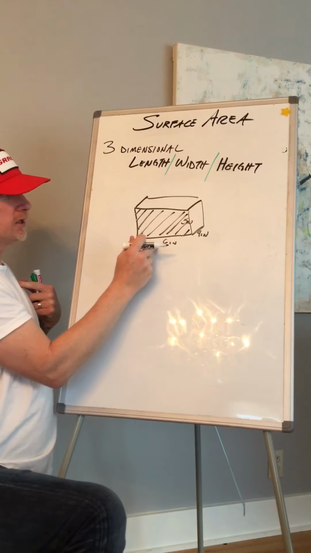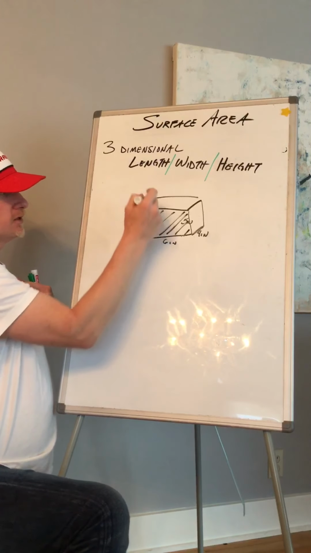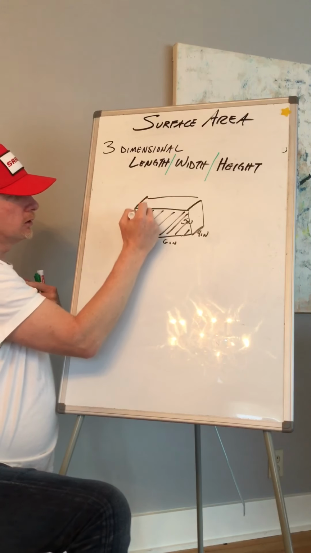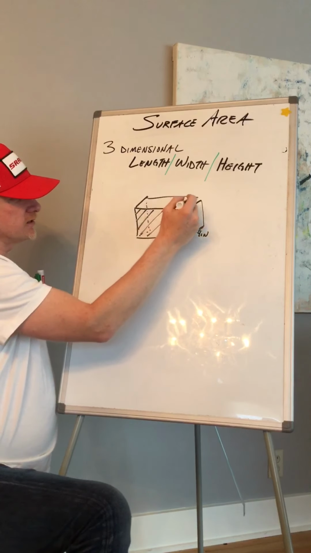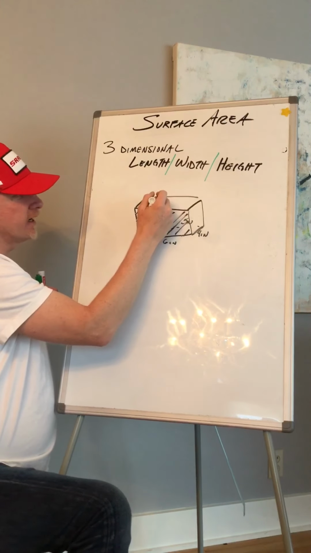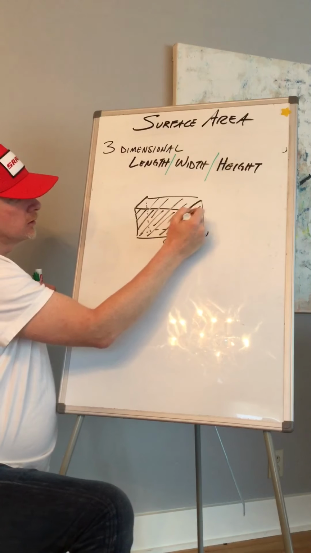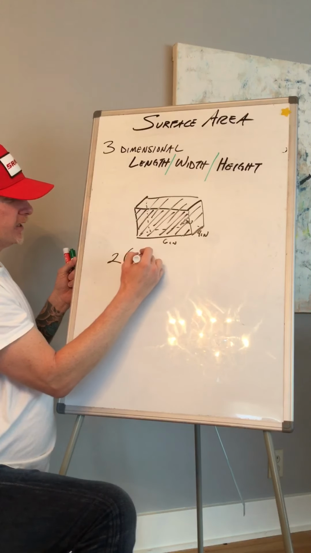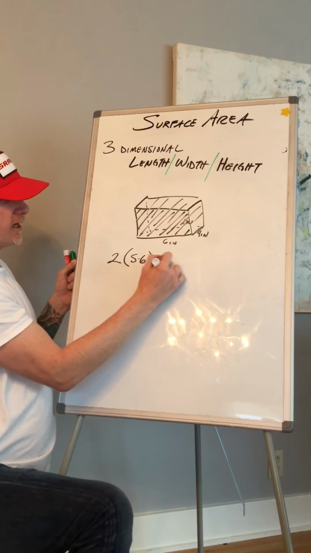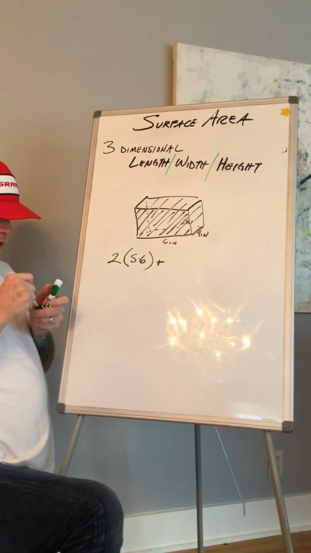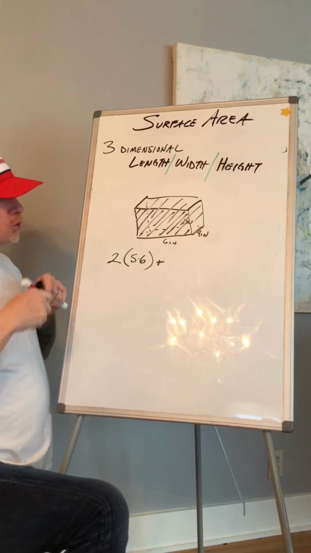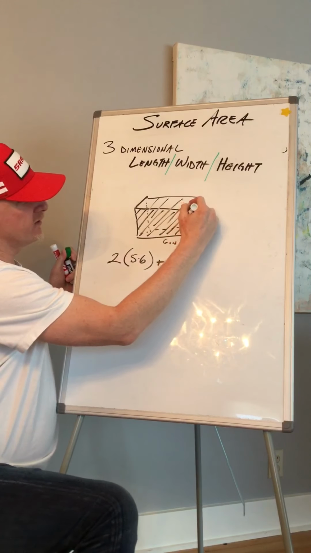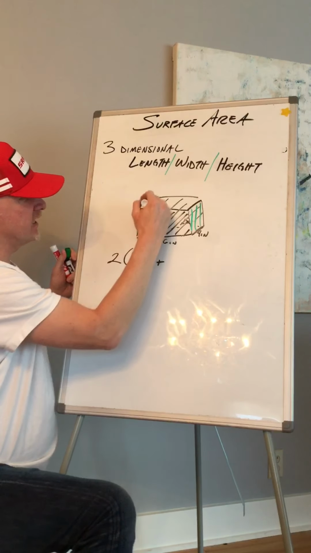I have 2 6x5s: this front, as well as the back that I can't see. So I have 2 5x6s. And I need to add that to 2 4x5s, which is how I drew it, would be my sides.